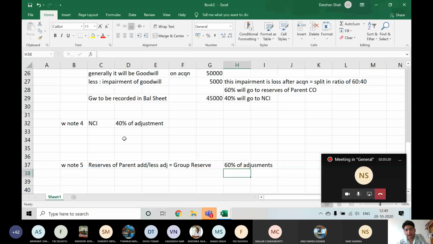NCI को एडजस्टमेंट के अलावा और कुछ NCI को पेएबल है क्या हम लोग? Apart from adjustment, is there any amount which we are payable to NCI? Sir, profits. हाँ, प्रॉफिट्स तो करेंगे ना, 40% ऑफ प्रॉफिट्स करेंगे अपन. But apart from that, is there any amount which we are payable to NCI?